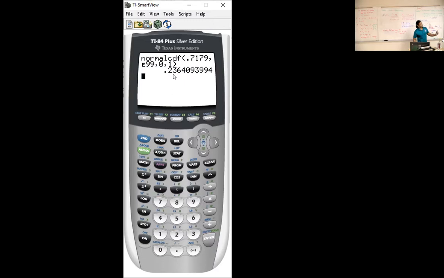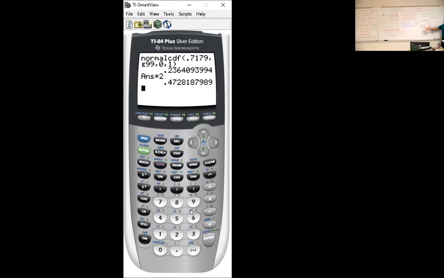I get 0.2364, but that's not a p-value yet because this is a two-tailed test. So we've got to multiply that by 2. So the approximate p-value happens to be 0.4728. Of course, you can't expect them to be the same.